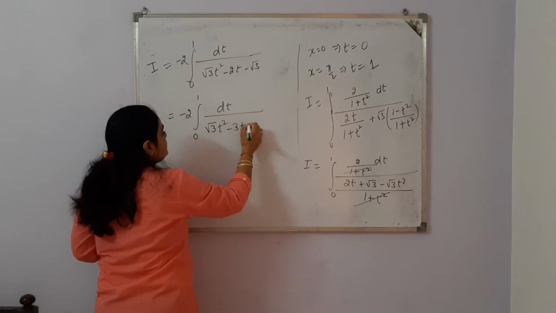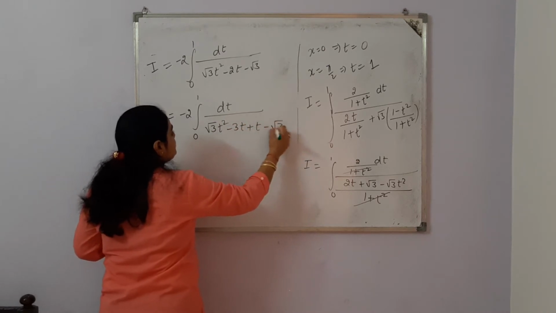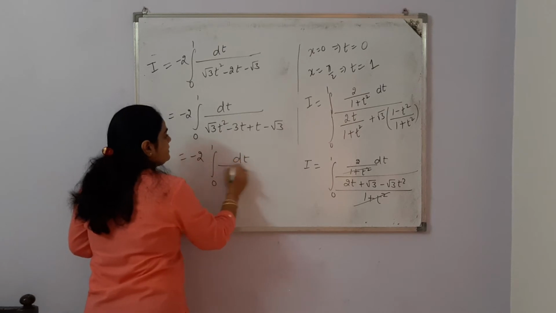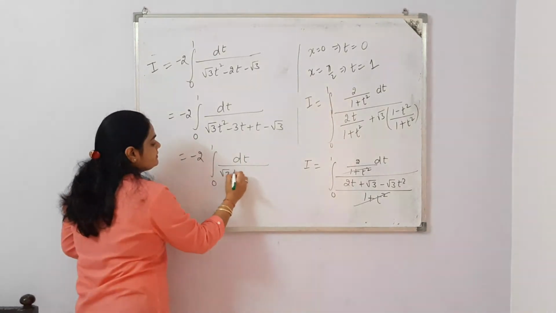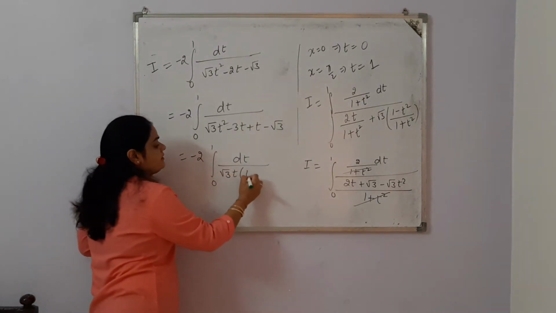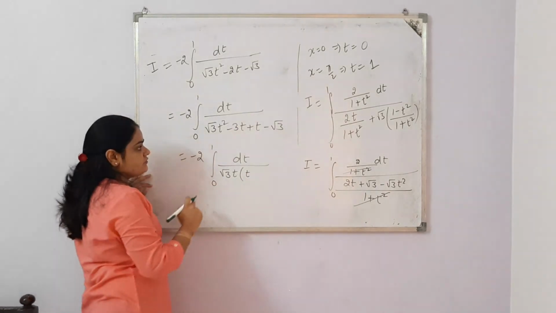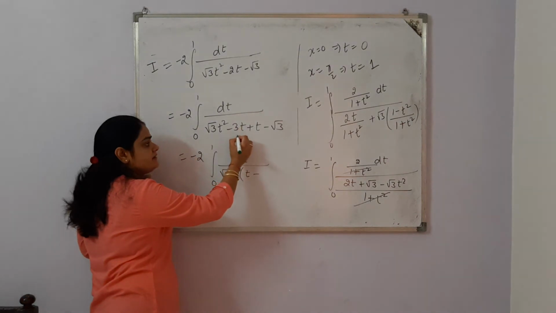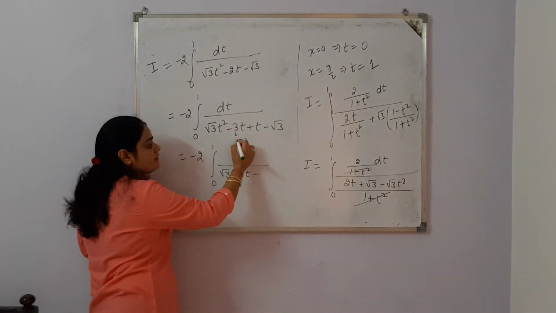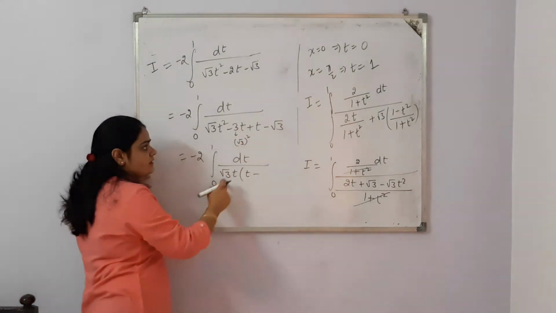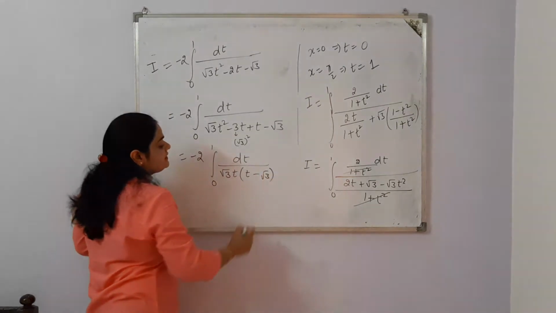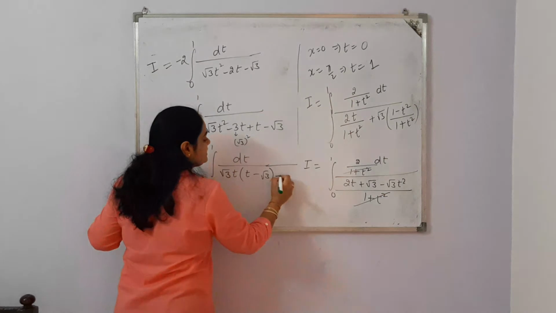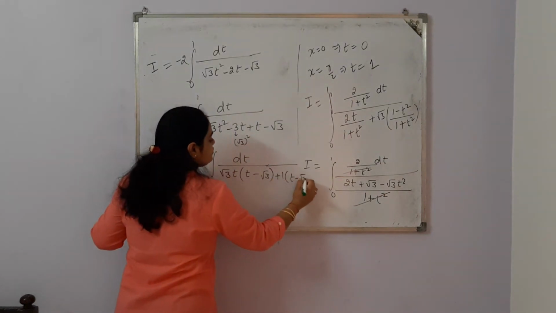So minus 3t plus t minus root 3. Can I take root 3 as common? Root 3 t is common, and inside there is t. Of course, I can write 3 as root 3 whole square. Here I can take 1 as common, so t minus root 3.